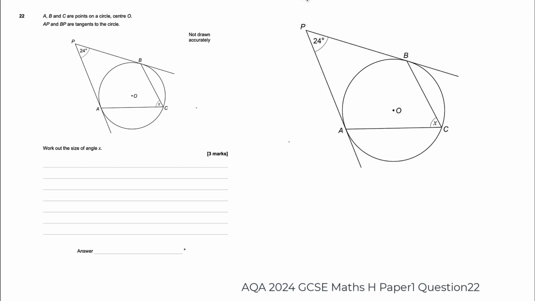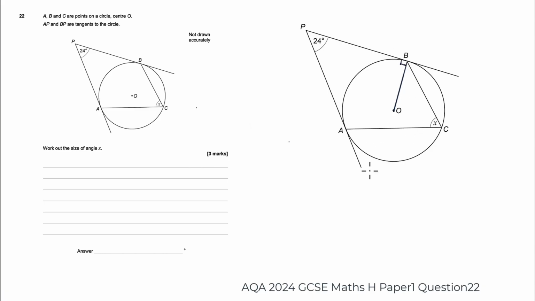So let's do that. So there's a radius to the point of contact, and we're saying that that is a right angle.